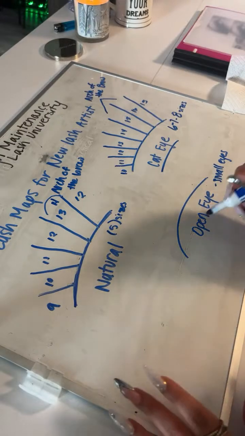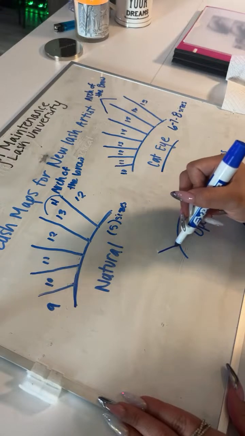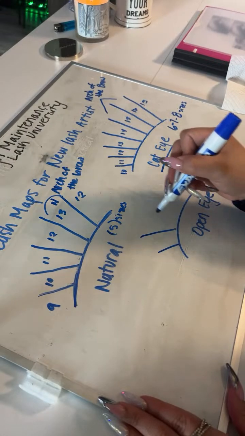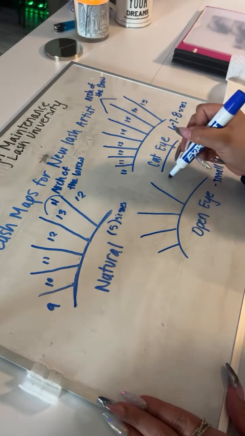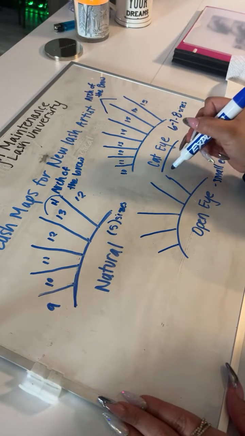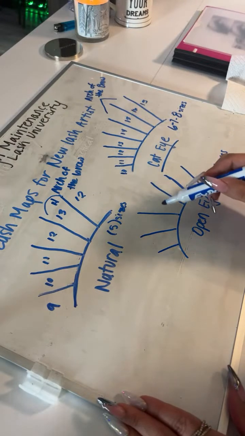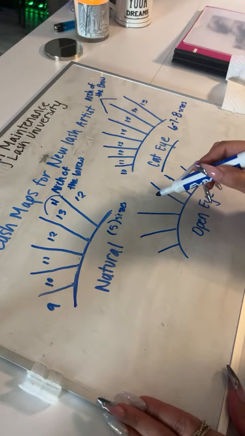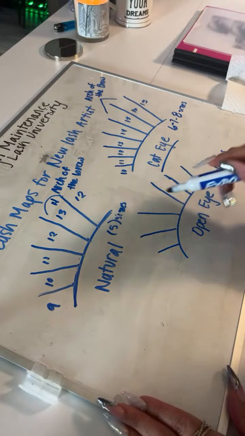So let's pay attention to our placement of our sizes, okay? The longest size is going to go right here in the middle, and then you're going to work your sizes down on each angle, okay?